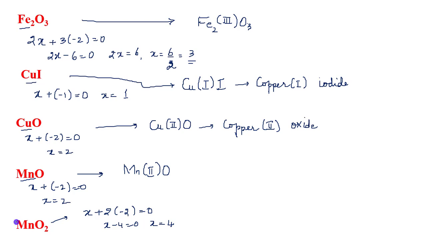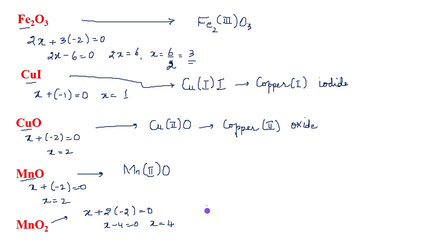So due to that reason, it becomes very essential to mention stock notations, so that you will come to know what is the oxidation state possessed by that particular element in that compound. Otherwise we can't take the same oxidation state of manganese in all compounds. Here it is +2 and here you are getting it as +4.